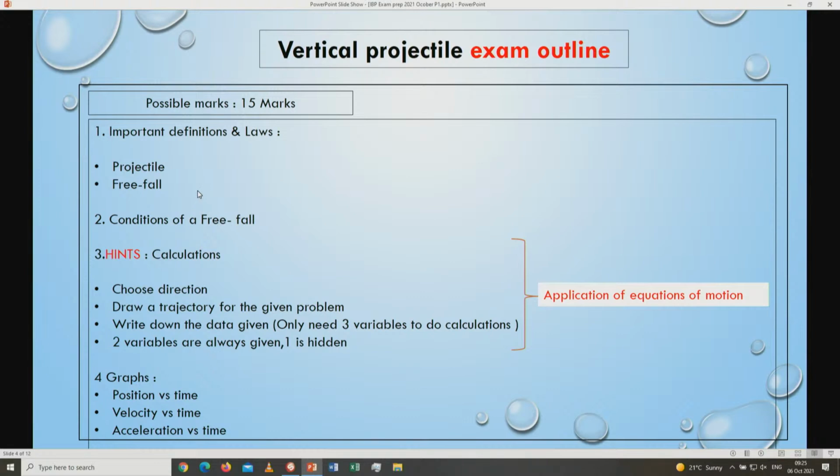And the idea here is if it's 2 marks, and I understand this, in the possible 15 marks that I am looking for, it means somehow I should also be able to get the 6. But the first thing to do is, does it apply to be a free fall? Remember, hence I say at number 2, conditions of a free fall. For an object to be a projectile, or to be in a free fall, the only force acting on it should be the force of gravity.